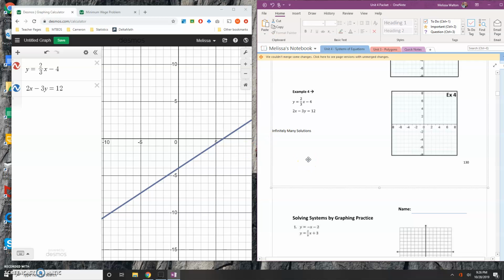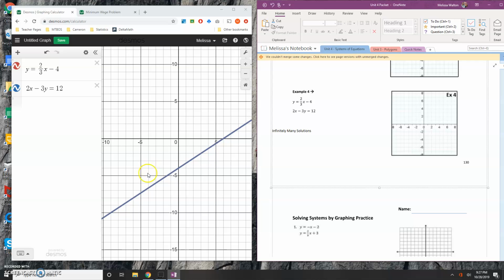Now, one thing that I want to point out here: this has infinitely many solutions. A popular catchphrase in algebra is all real numbers. That's not true here. All real numbers are not solutions to this. Yes, we have infinitely many solutions, but it's not all real numbers. Take this point right over here, x equals negative 2, y equals 2. That's not a solution. x equals 5, y equals 5.